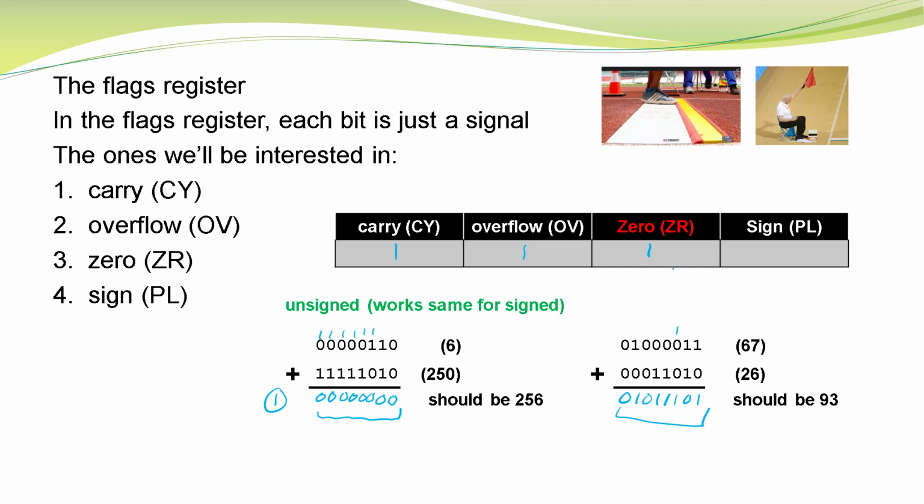And the answer is no, so the 0 flag would be set to 0. In other words, 0 is kind of weird. You got to really pay attention. If the result turns out to be 0, the flag gets raised. If the result turns out to be non-zero, like it did here, then the 0 flag gets set to 0. That mixes people up all the time.